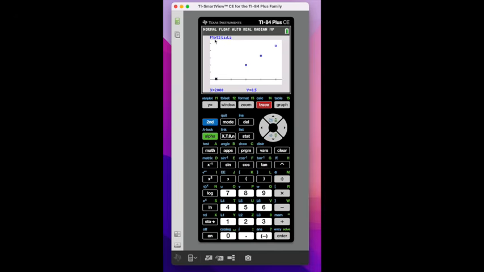So you're tracing your scatter plot for L1 and L2. And if you use your arrow buttons, it will hop from point to point and cycle through. And then at the bottom, it will tell you the value of where your cursor is blinking. So right now, it's blinking on this point, and it's telling me it's sitting at the point where X is 2003 and Y is 33.